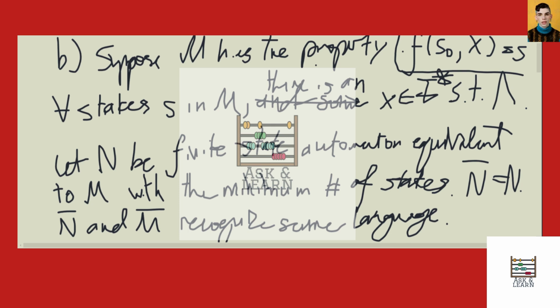And they both have equivalence classes as their states. So the states of N bar form a refinement of the states of M bar.